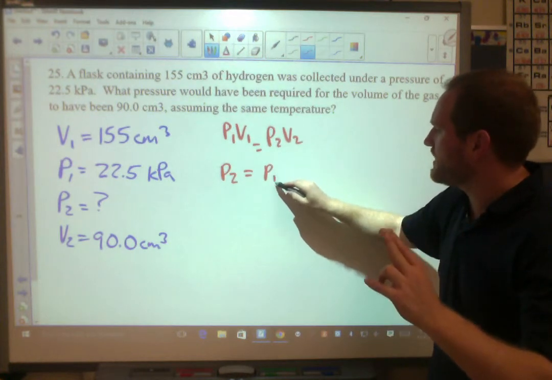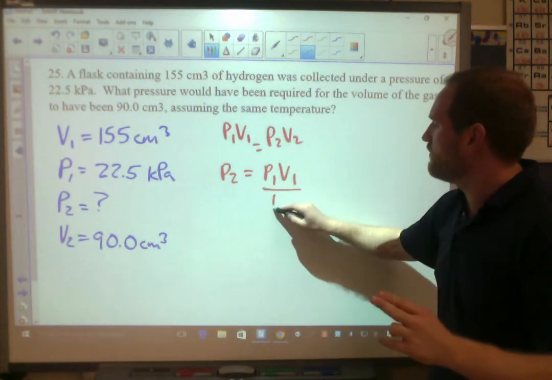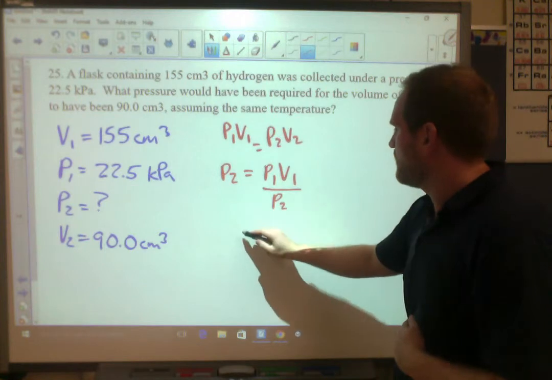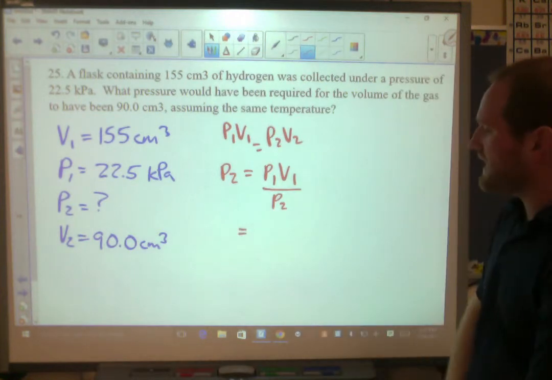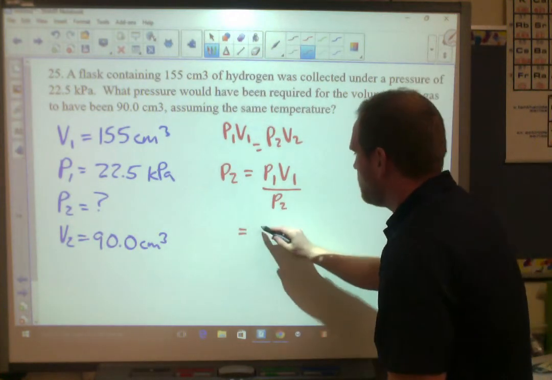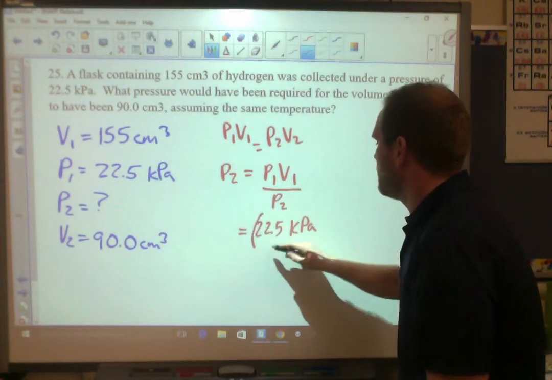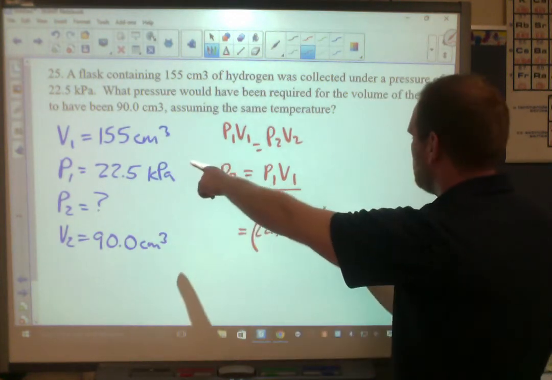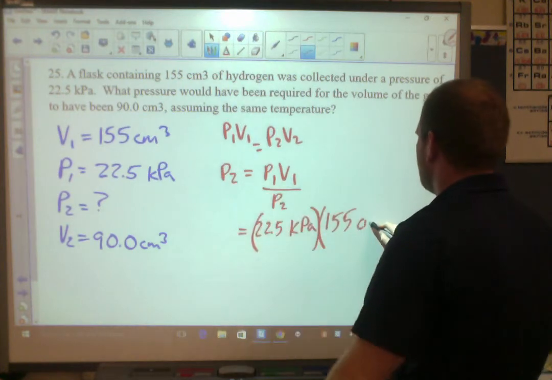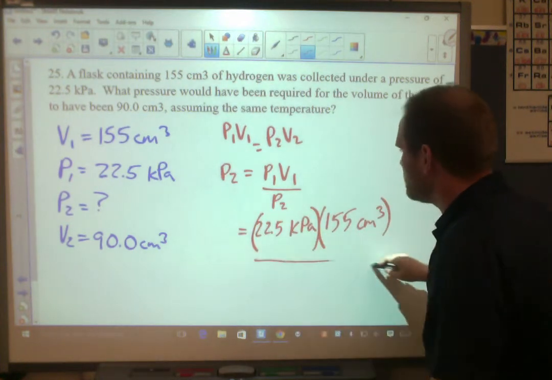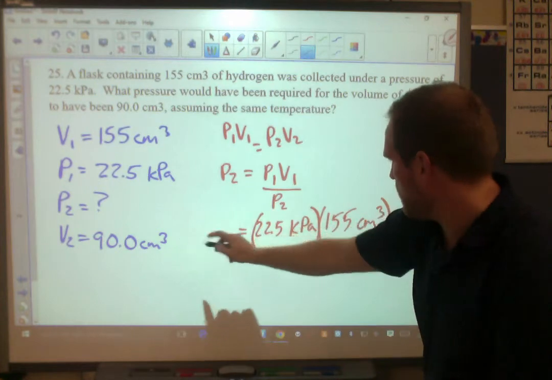P2 equals P1 V1 over P2. Let's plug in our values and units. So 22.5 kilopascals times V1, which is 155 centimeters cubed, divided by P2.